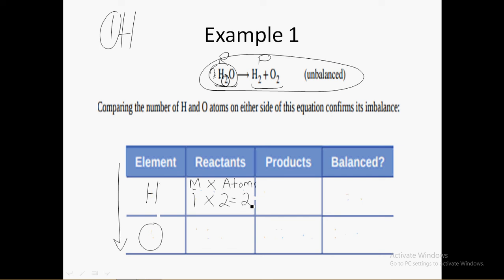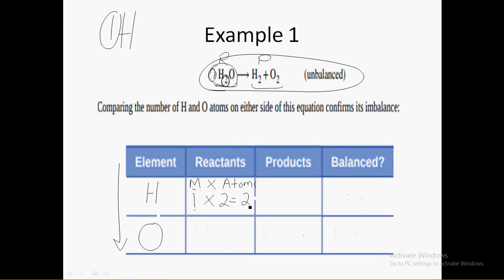Again, how many molecules are there? 1. How many atoms? The subscript tells us the number of atoms. So how many atoms are there? 2 atoms. So 1 times 2 is equal to 2.